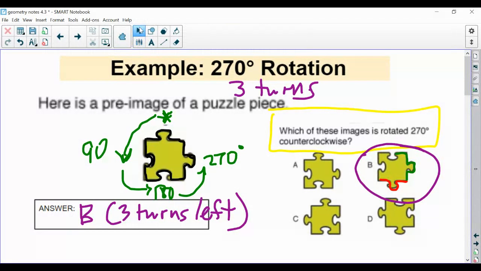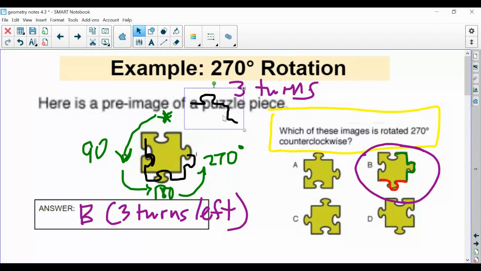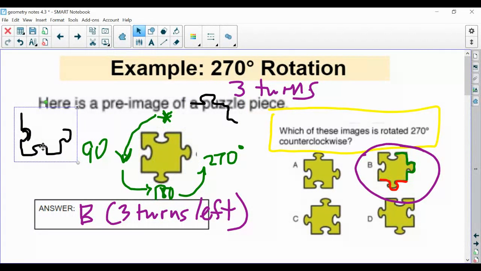So watch me do the turn. That's 90. That's 180. And that's 270. There. See my puzzle piece? Now, here's the puzzle piece. I just did a 270 degree rotation, which is B. So that's what B is. Okay?